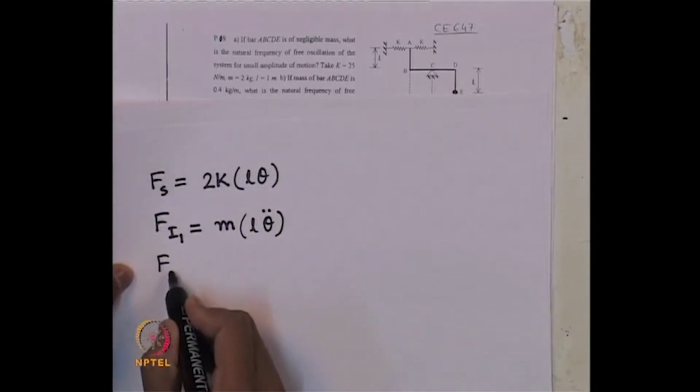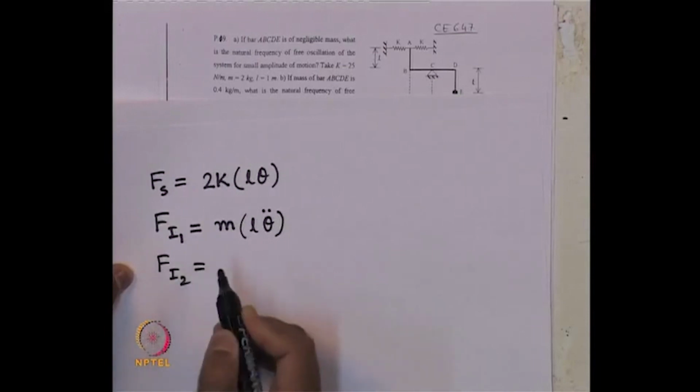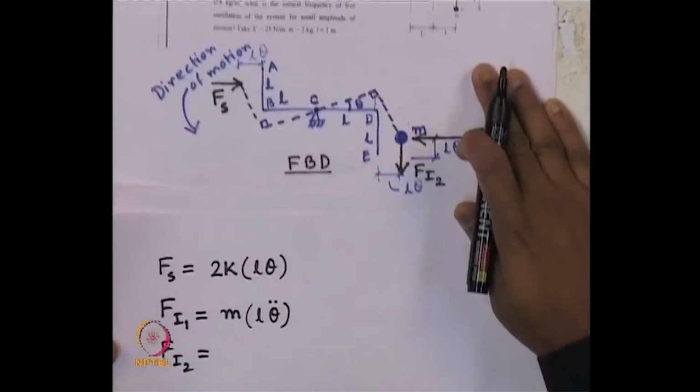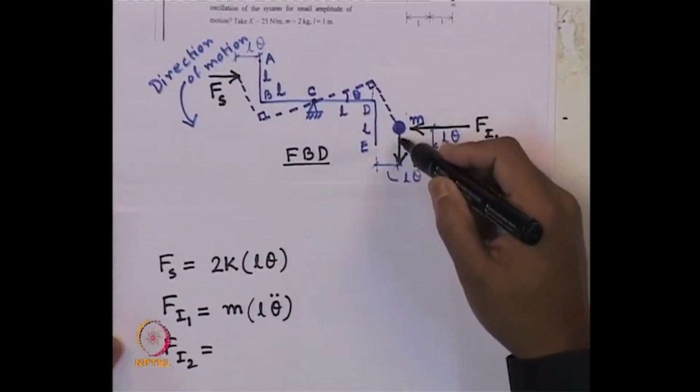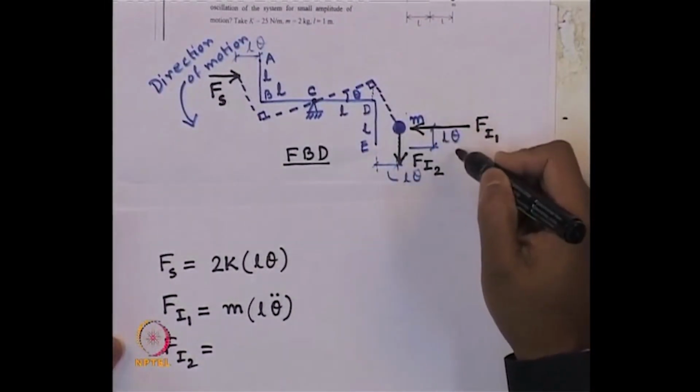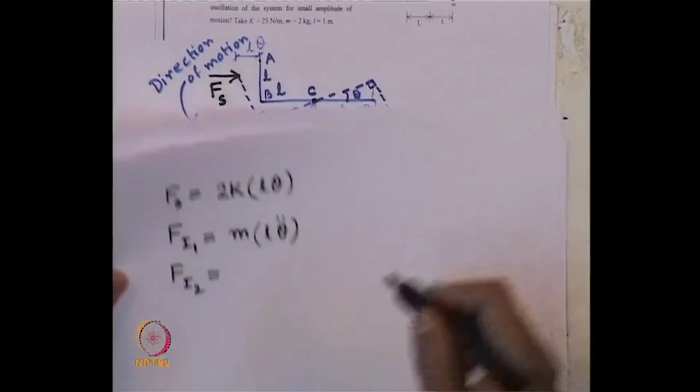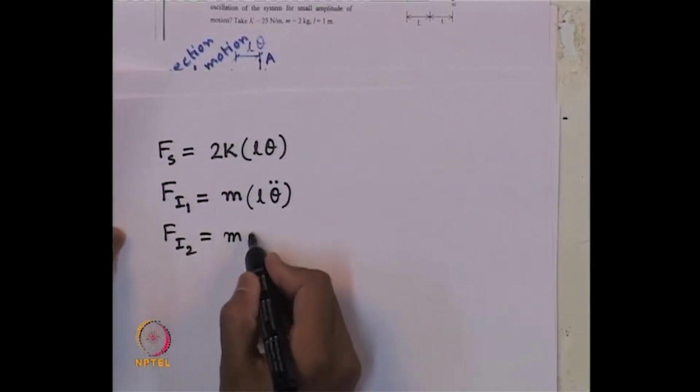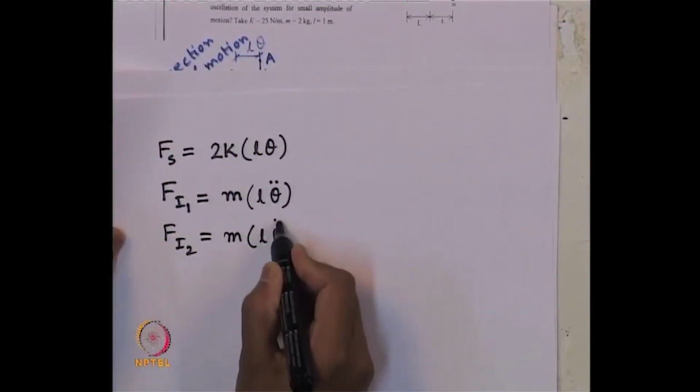And the vertical inertia force F I 2: the point has been displaced vertically by the amount L theta, so the vertical inertia force will be m times L theta double dot.